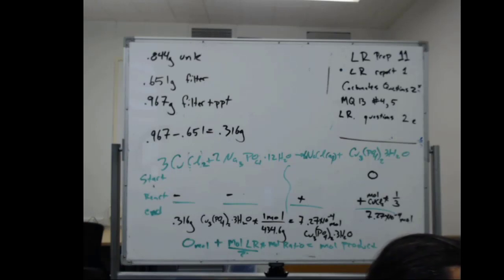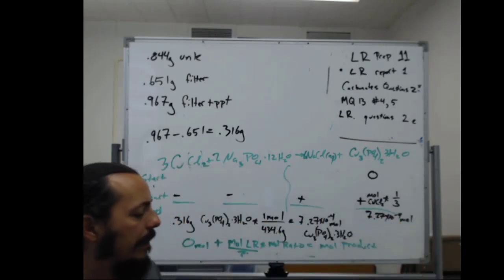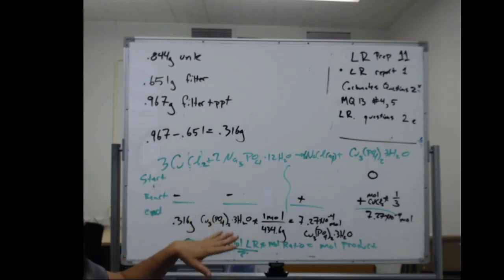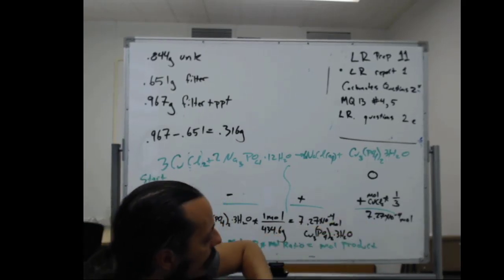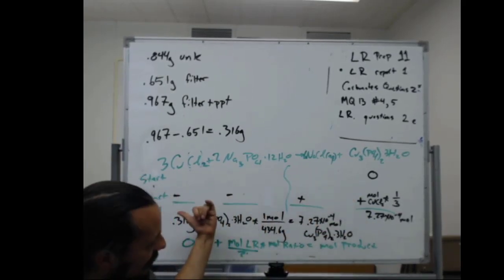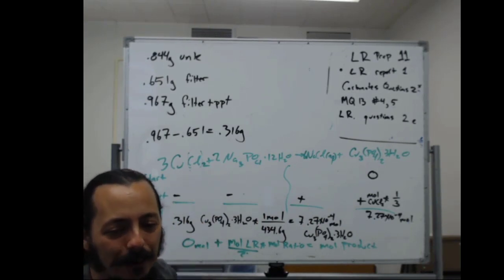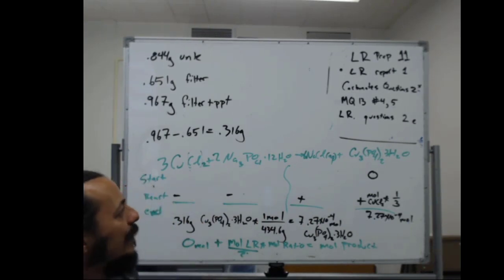It's when you start trying to figure out your mass of limiting reactant, your mass of excess reactant, that it's the backwards thinking. Yeah, so you would use your 7.27 as your moles of precipitate and then use that to, yeah, okay. Yes, to think backwards. Thank you. Perfect.